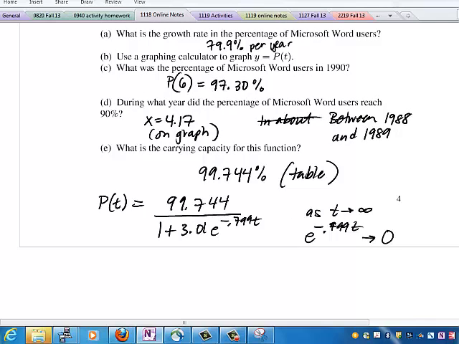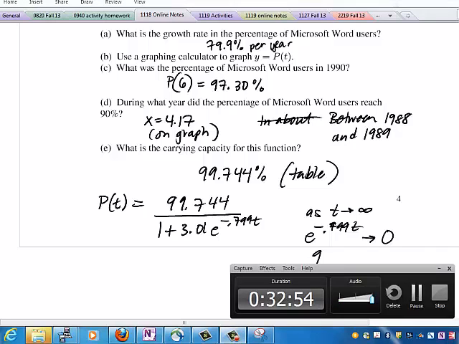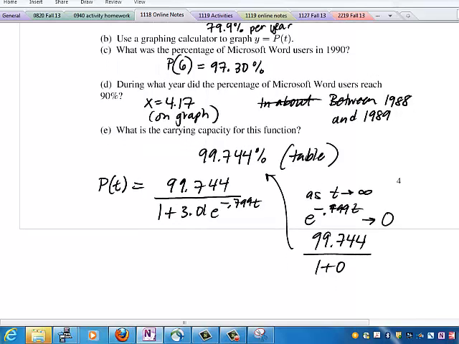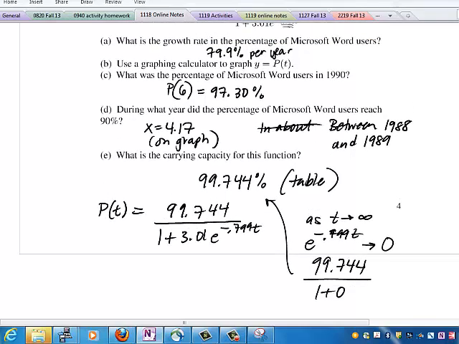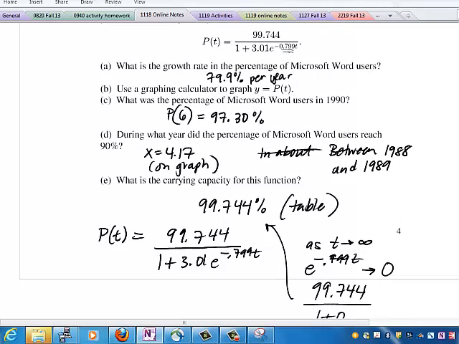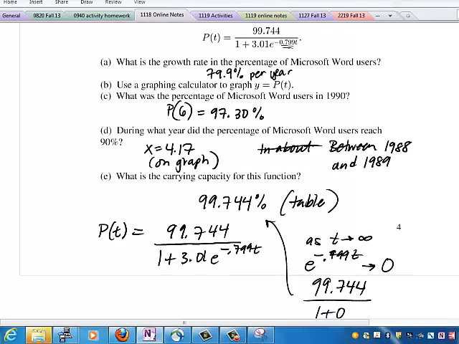So we get 99.744 divided by 1 plus 0 as t gets larger and larger, and that's exactly what we saw on our table. So at least we've seen some examples of exponential growth and then one example of a logistic growth situation. Good luck with these problems.